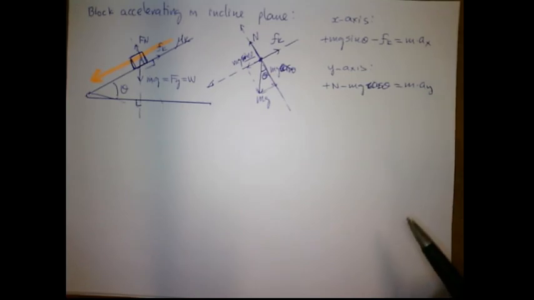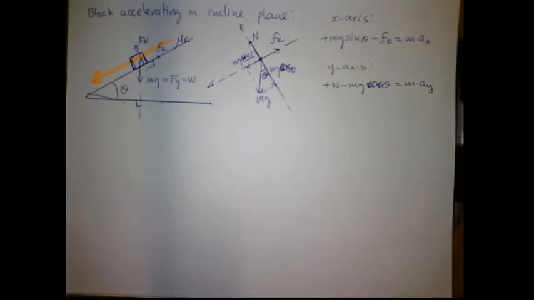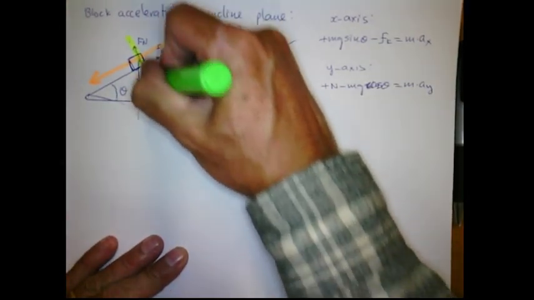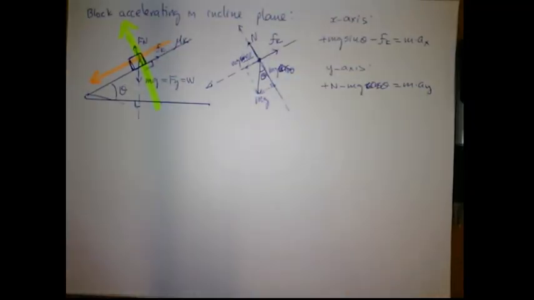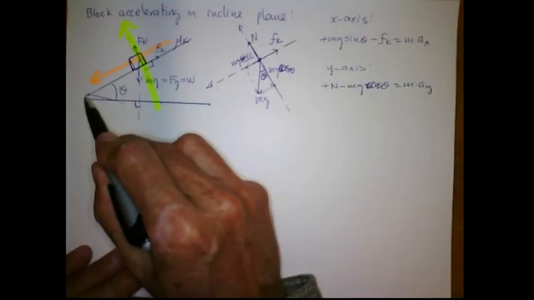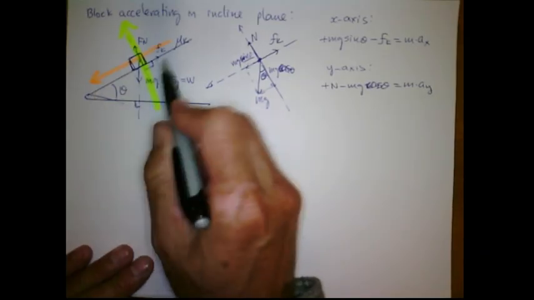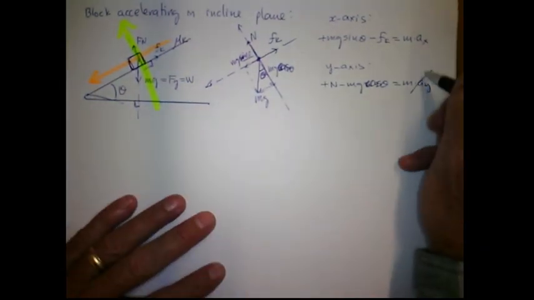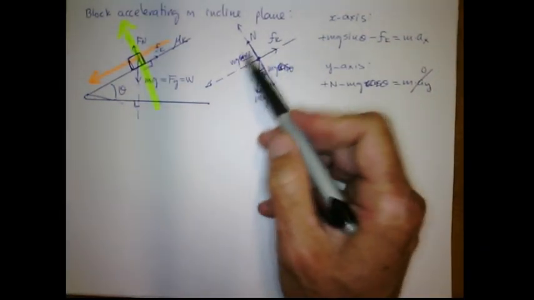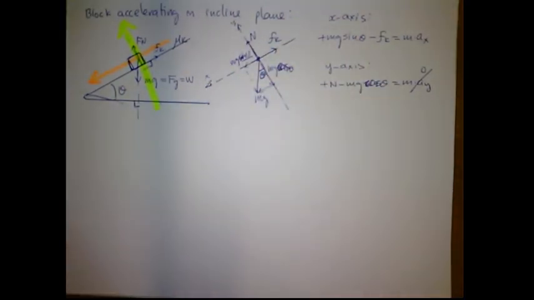And that is the reason why you put the axes like this: because the block is not moving in the y-axis, since it would be going into the surface. So this is 0.